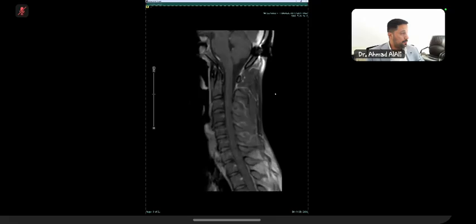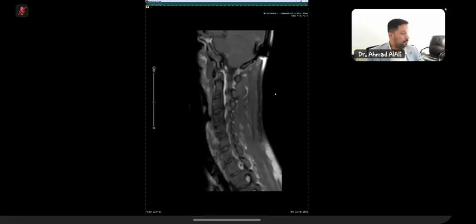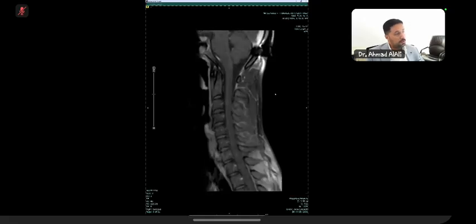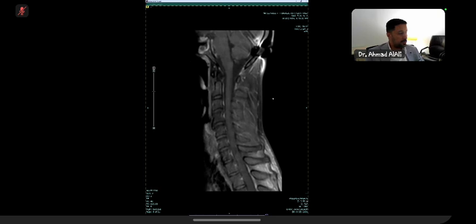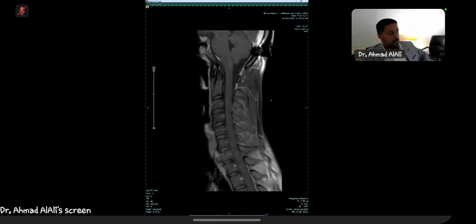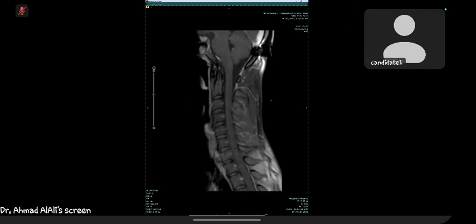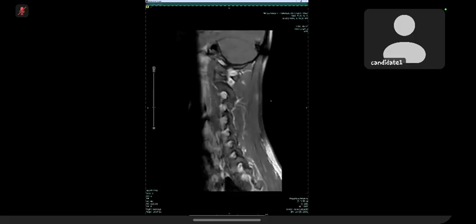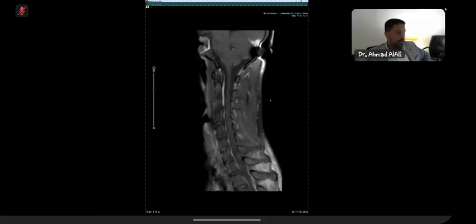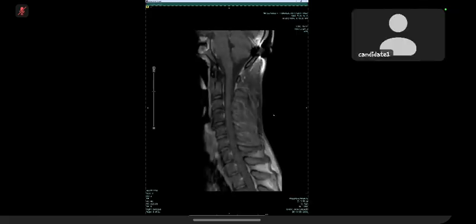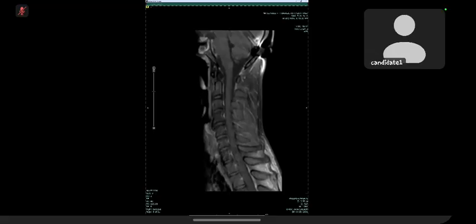Now you can see them. These are the post contrast images. Any enhancement? Can you spot any enhancement in there? No significant enhancement is noted within the lesion. Okay, so what's your next step? So it can be some demyelinating process.